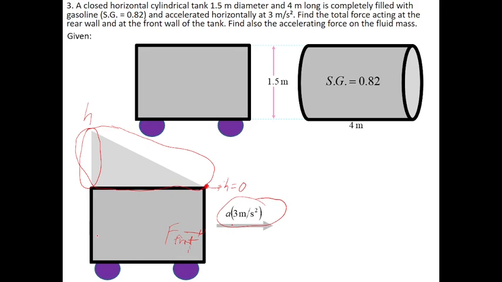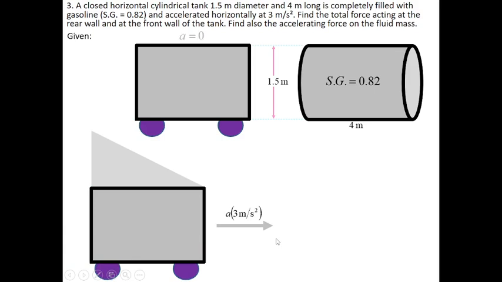Unlike in the rear end, it varies in intensity depending on the acceleration. The greater the acceleration, the greater will be this height. So meaning there's an additional pressure, and if there's an additional pressure, there will be an additional hydrostatic force being exerted on the rear side of the tank.